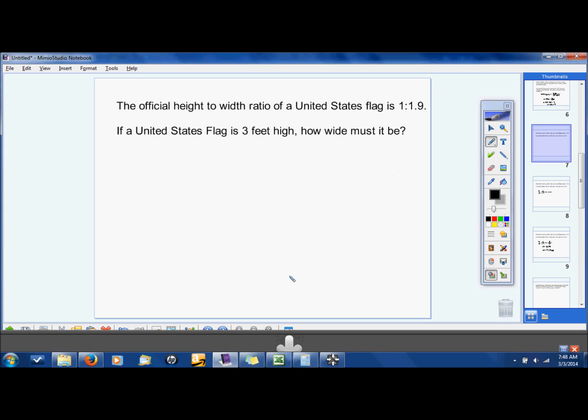So if you're following the standards of respect and you're trying to construct a flag, and you have a certain amount of material, this ratio is respected whenever the flag manufacturers make that. So if they want to make a flag that's 3 feet high, they'd have to calculate how wide it's supposed to be.